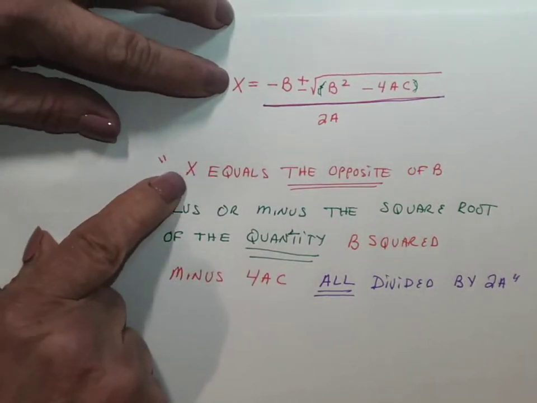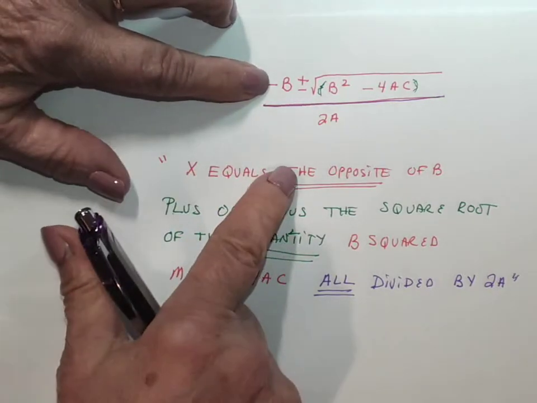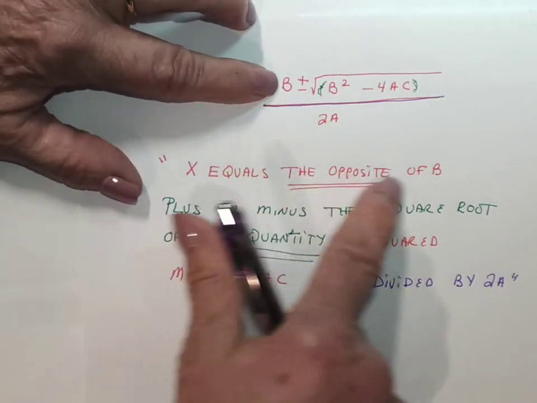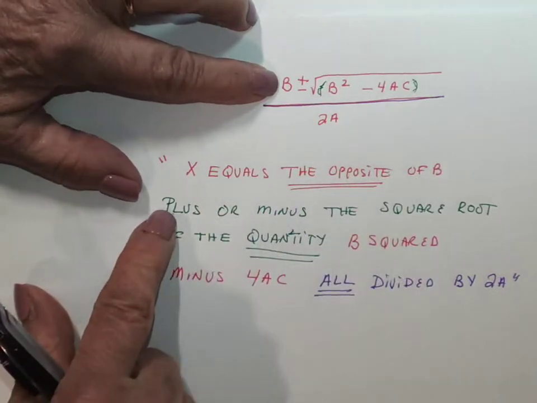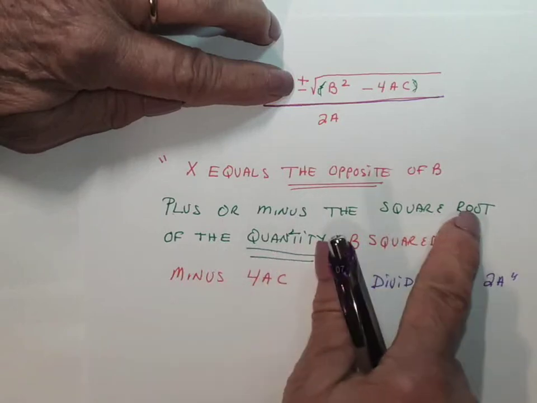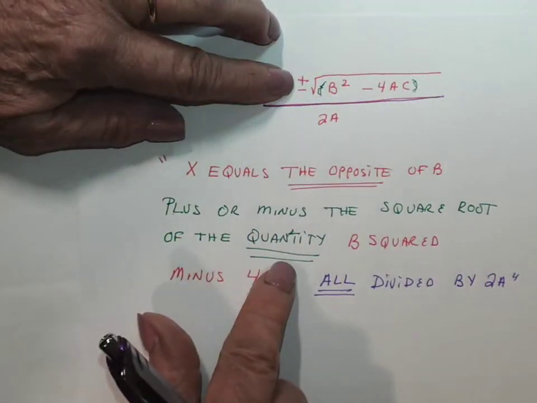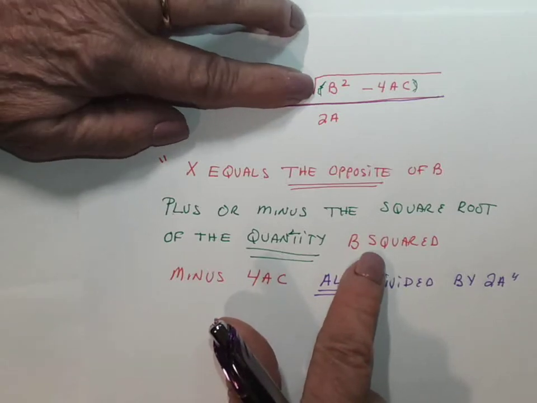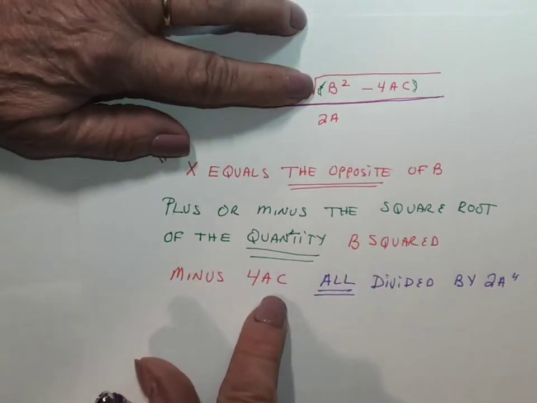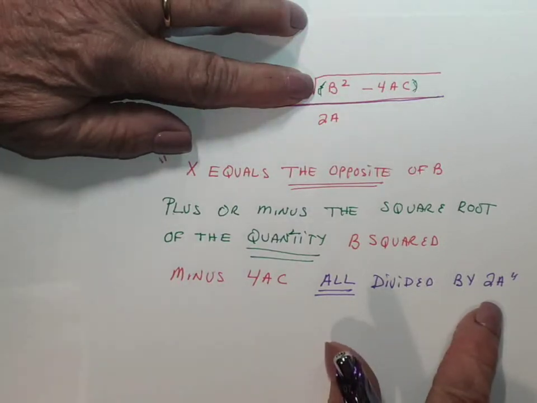So if we go through and look at this, x equals the opposite of b plus or minus the square root of the quantity b squared minus 4ac, all divided by 2a.